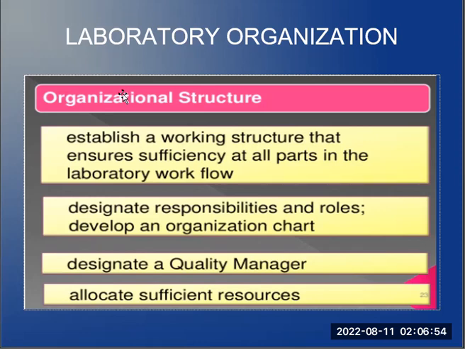That's your first activity, the organizational chart. It also designates a quality manager and allocates sufficient resources. The quality manager inside the laboratory is either the chief medical technologist or the head pathologist in the lab.